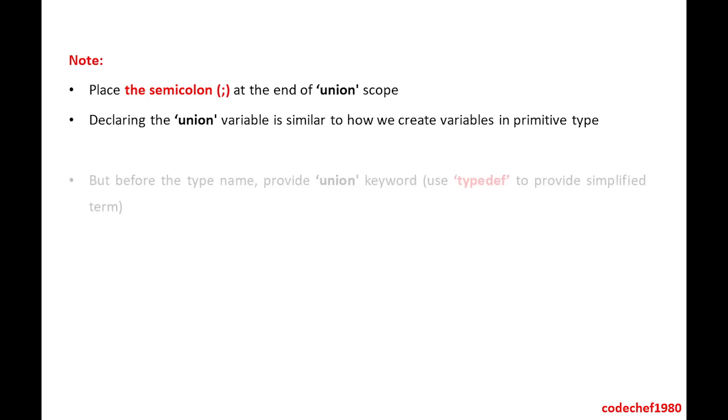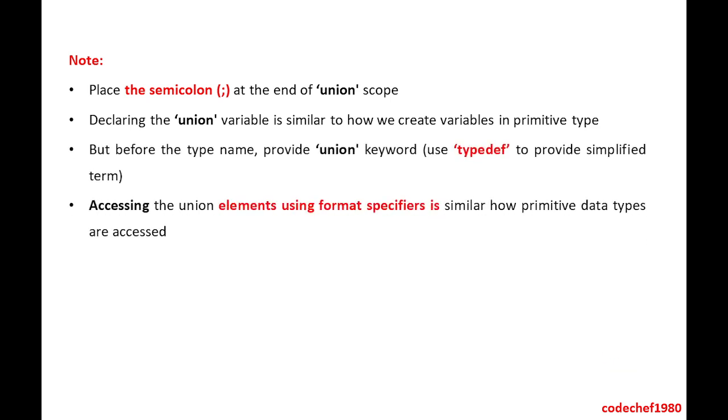Here you can find a few notes about how to use the union data type, and the things to be followed. One thing is that a semicolon is to be placed at the end of the union scope. Afterwards, the union variable declaration is very similar to how we declare variables for primitive data types.